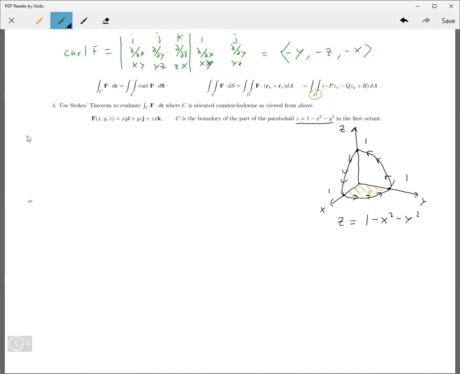So the curl now becomes negative y, and then we have negative z, so the negative of this, that's negative 1 plus x squared plus y squared, and then the last component, negative x. So this is just plugging in to get the curl in terms of just x and y.